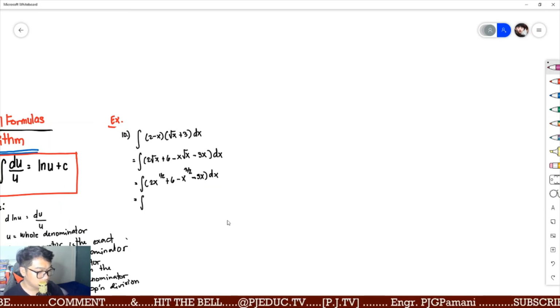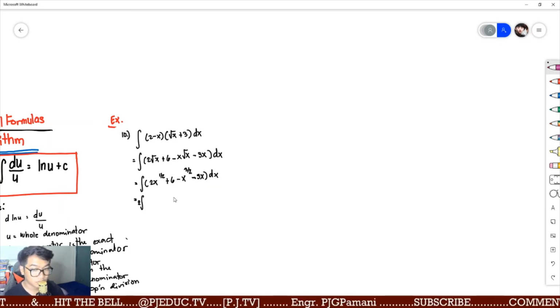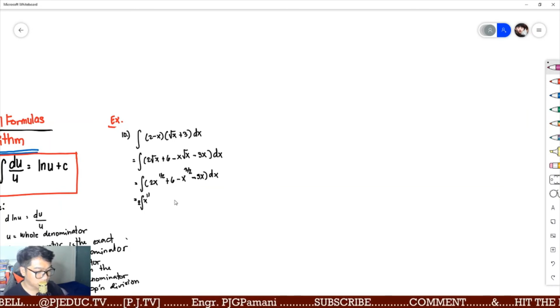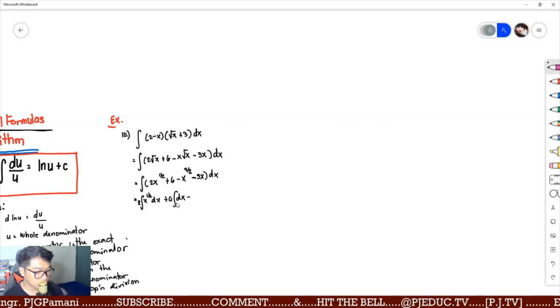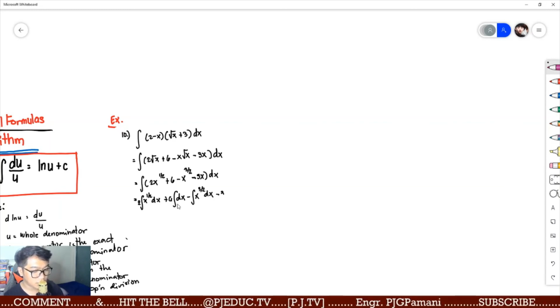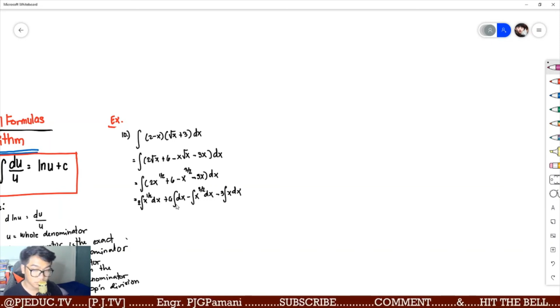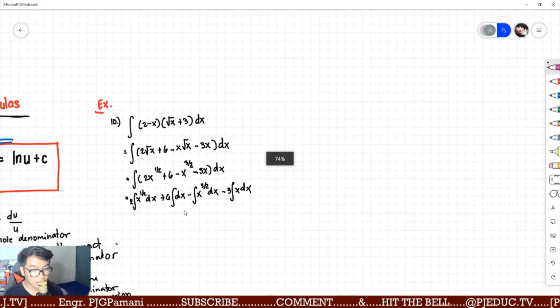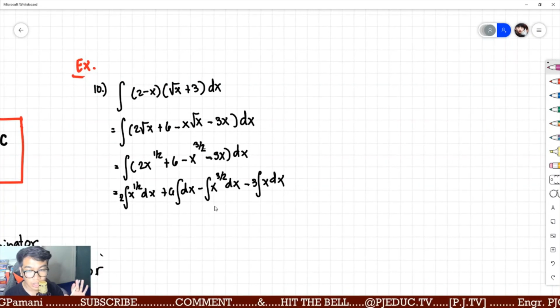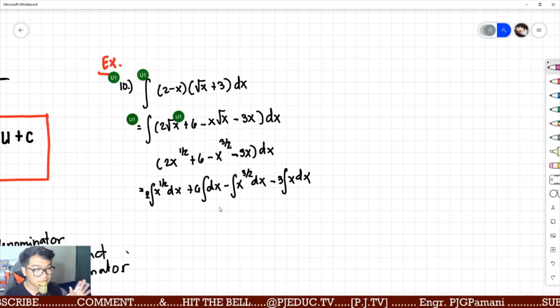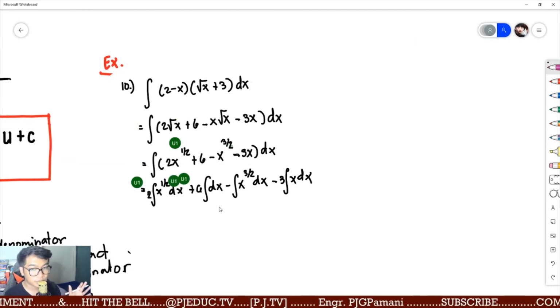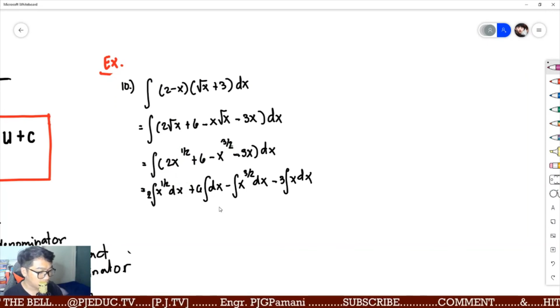That is now 2x raised to 1/2 dx plus 6 dx minus x raised to 3/2 dx minus 3x dx. Simplify. So, hindi naman na kailangan yung logarithm. Wala siyang term that has an exponent of negative 1. So, never mind. Apply your power formula na agad.